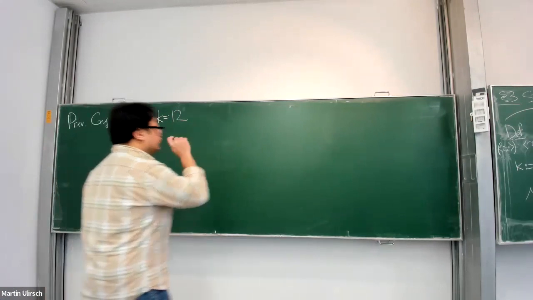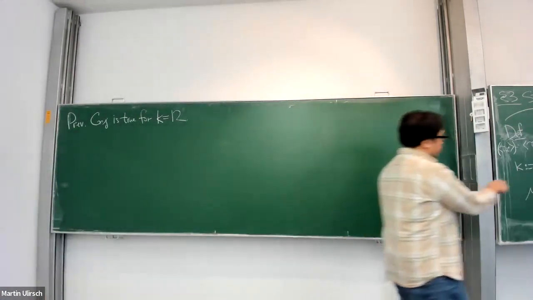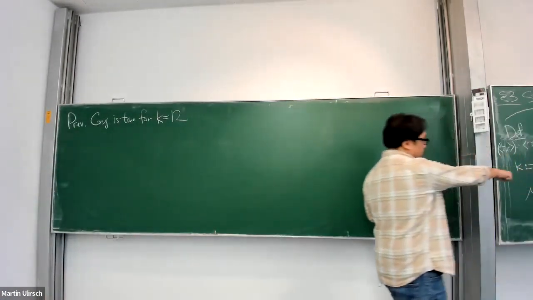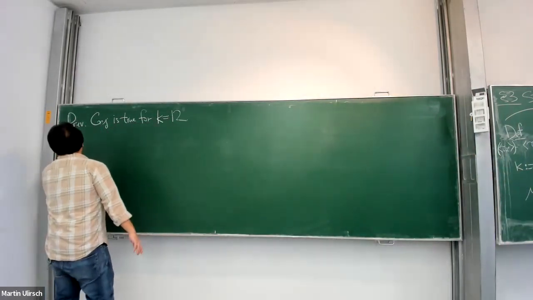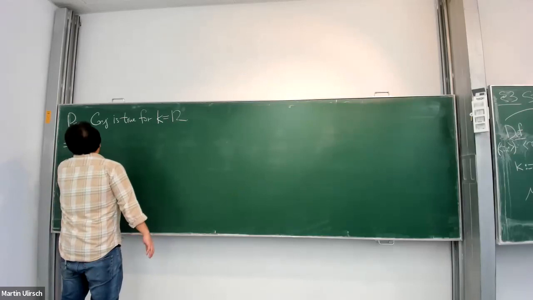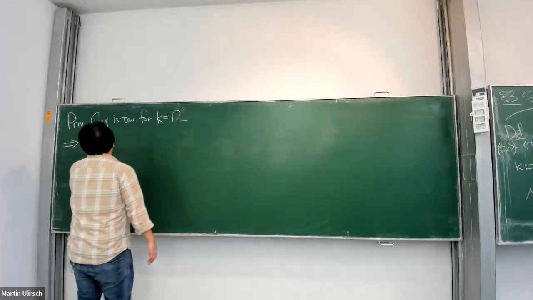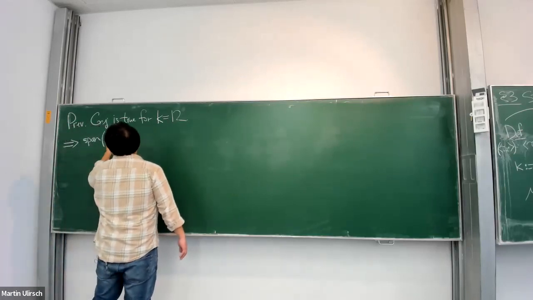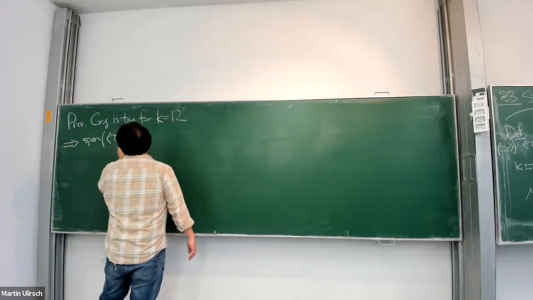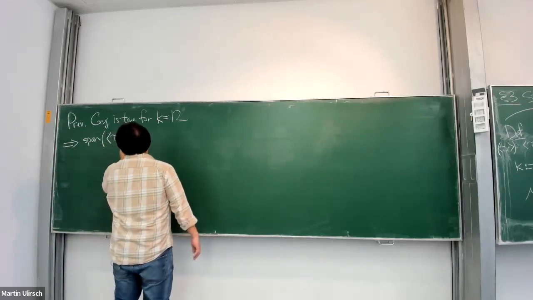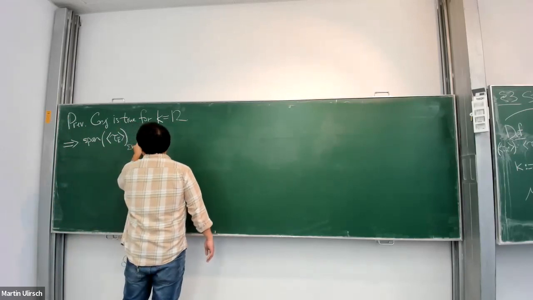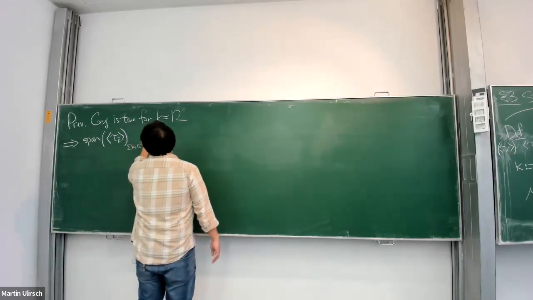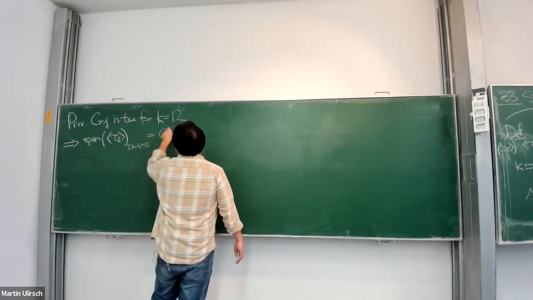So in particular, I know that all the weight 12 stationary descendants will generate the entire ring. So I know that they span, equal to this.